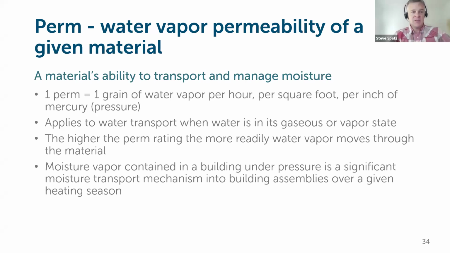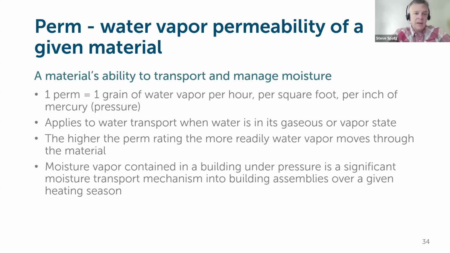So what's the vapor permeability of the WRB, of the sheathing layer or substrate behind that, of the thermal control or insulation layer in the cavity and/or continuous behind that as well, and then the vapor permeability and/or vapor retarding capacity of the vapor control layer that is most inboard to those assemblies.